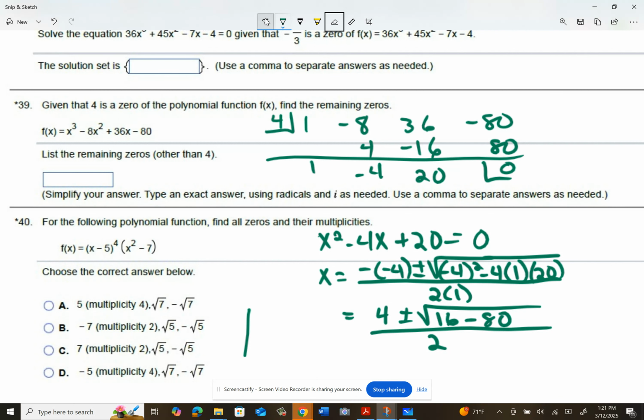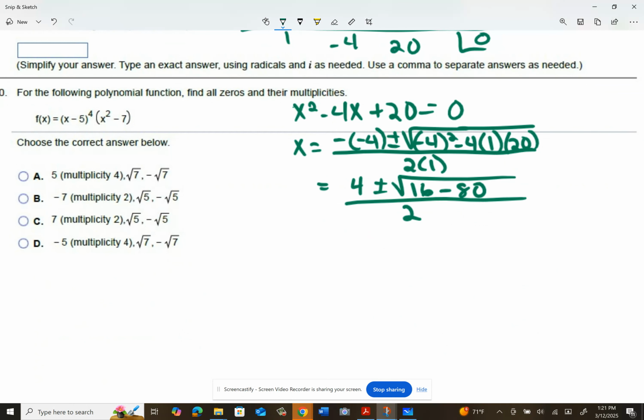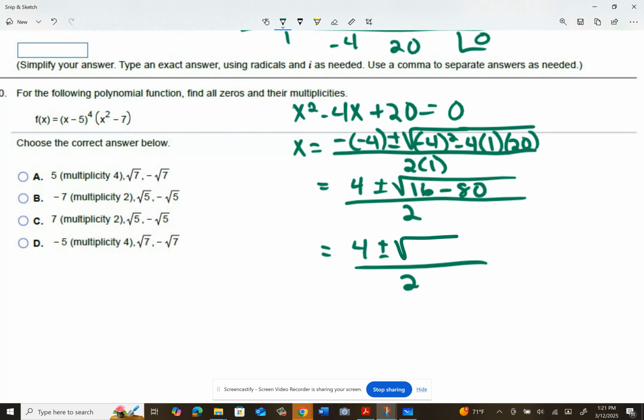Let's see if I can get that to move up a little bit. All right, and so underneath the radical, I have a negative number. So that's going to wind up being negative 64 underneath here. So that's going to be 4 plus or minus 8i over 2.